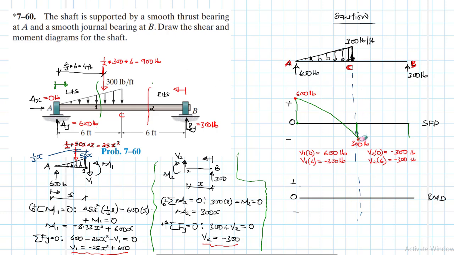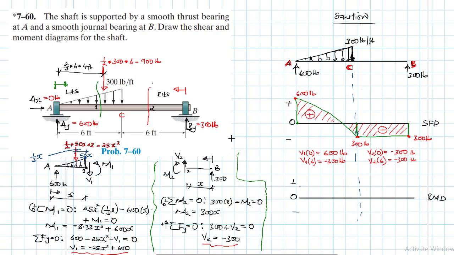So we are going to have a 300 throughout, which is a minus value. So we have a constant value there, and this is 300 pounds. This is minus. And then we have a positive value like so.